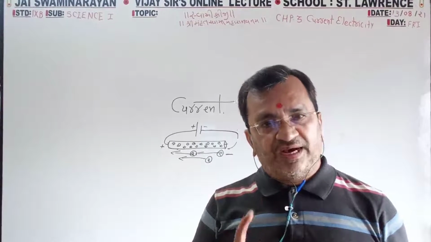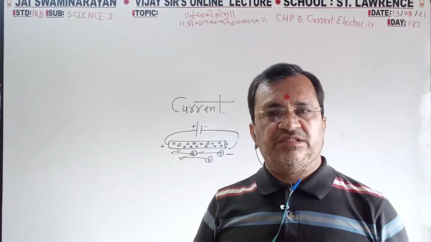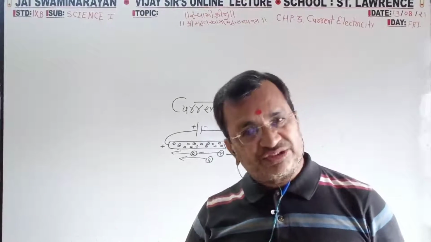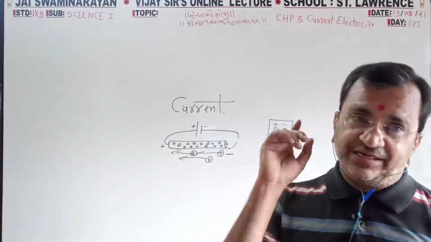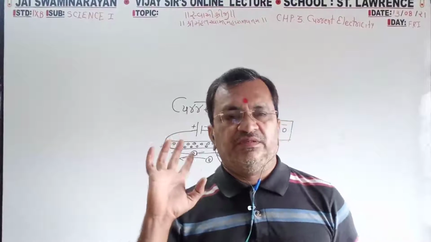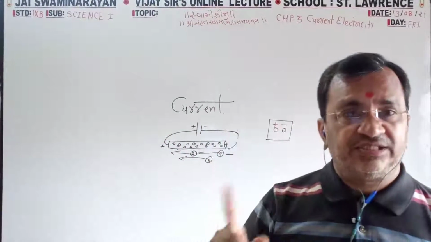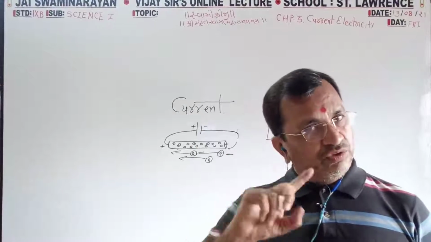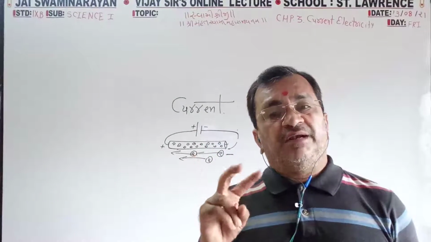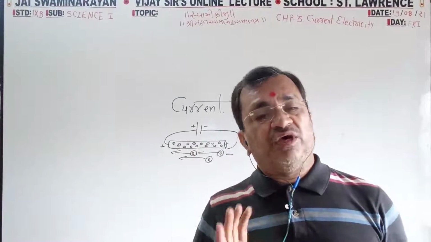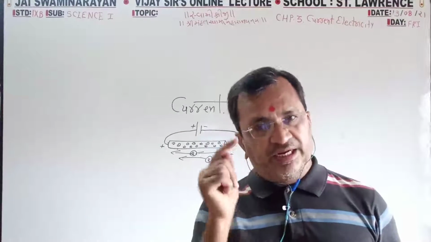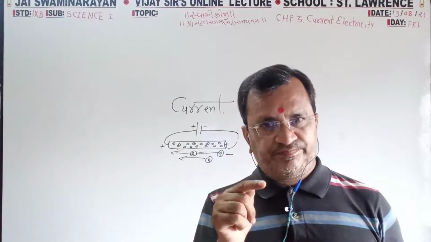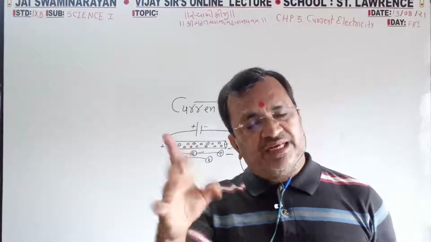When they ask the direction of flow of electrons, you write negative to positive. When they ask the direction of electric current, positive to negative, don't get confused. Because of the flow of electrons, electric current is flowing. So the base is the electron.